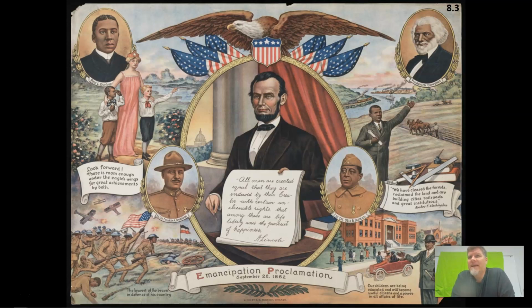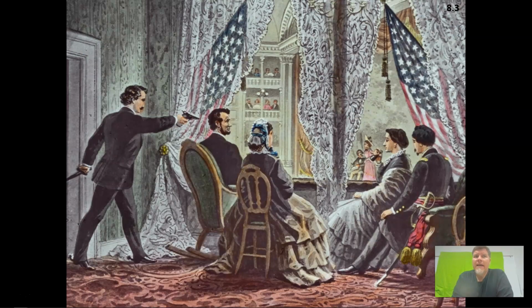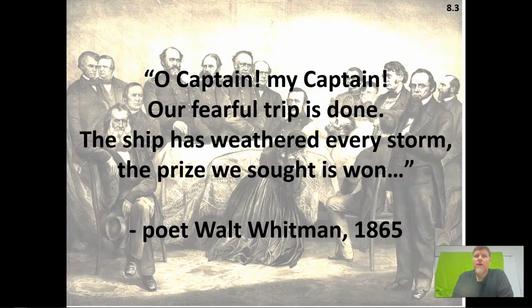But after the Battle of Antietam, which was a Union victory, he issues the Emancipation Proclamation, freeing the slaves in the southern states, in those rebellious states, not the border states, but those that are in the rebellion in the Confederacy. And so he is known as the Great Emancipator, and he has been assassinated by John Wilkes Booth. And Walt Whitman says these famous lines.